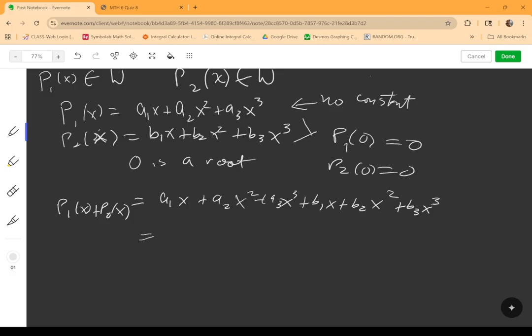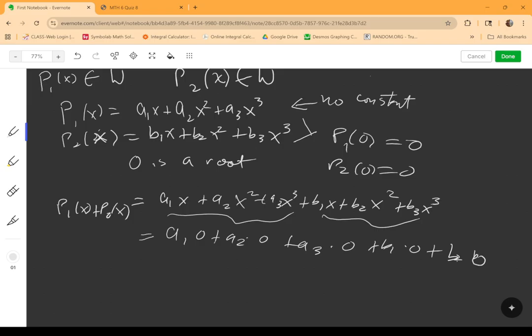So when I add these two together and plug in 0, I get a1 times 0 plus a2 times 0 plus a3 times 0, plus b1 times 0 plus b2 times 0.